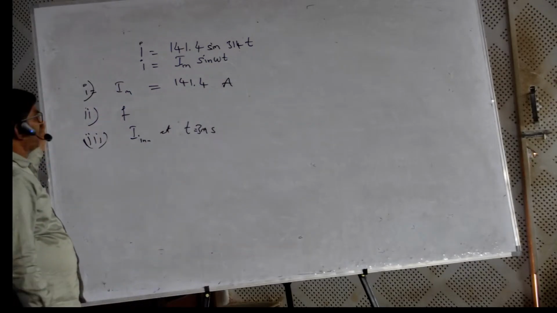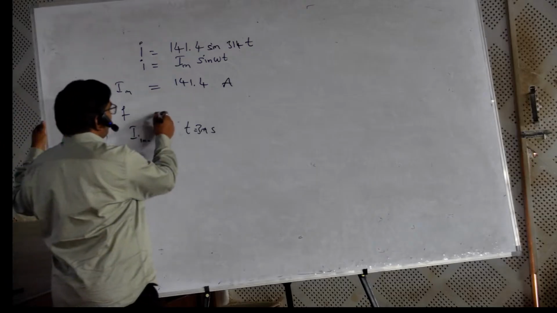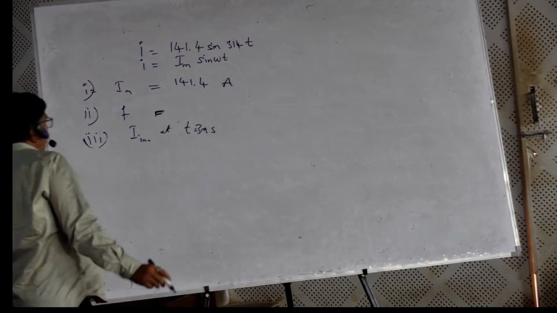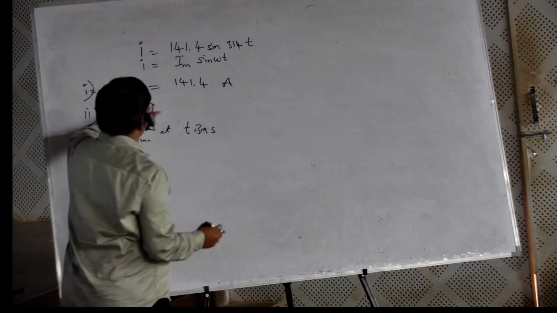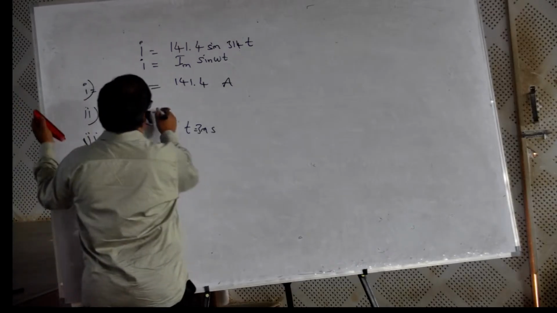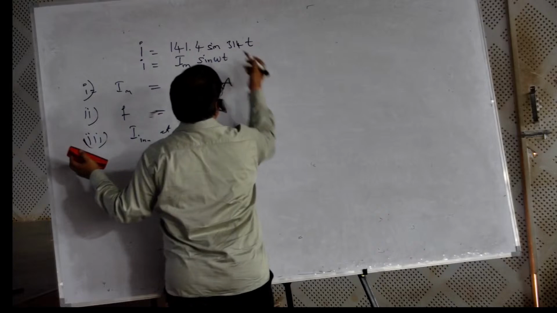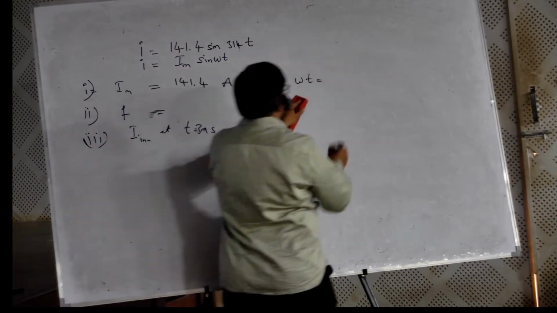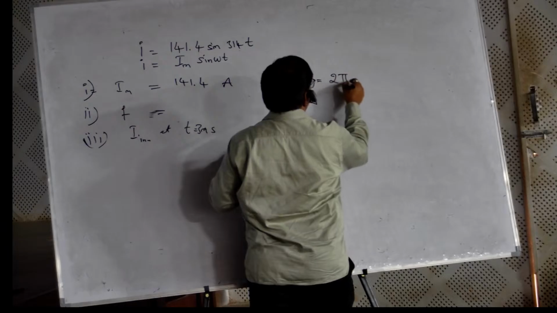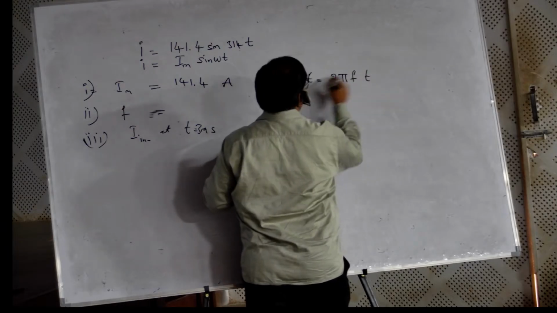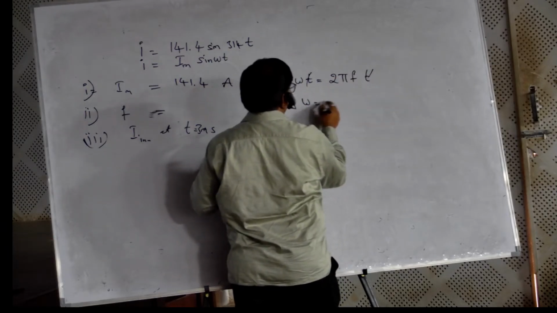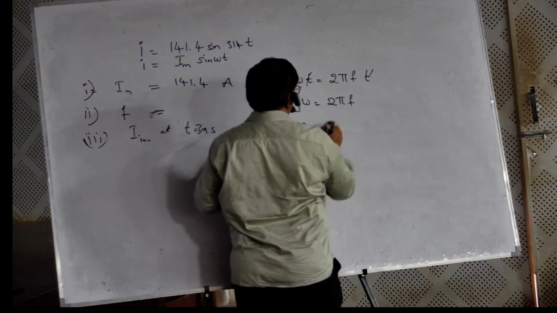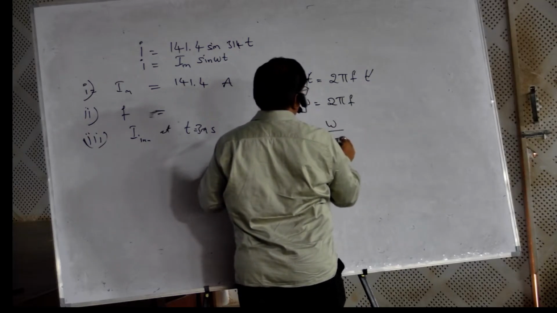Okay. And second one is frequency. So how can we obtain frequency? Here omega t. What is omega now? Omega is equal to 2 pi f t. T gets cancelled. So omega is equal to 2 pi f. So f is equal to omega by 2 pi.